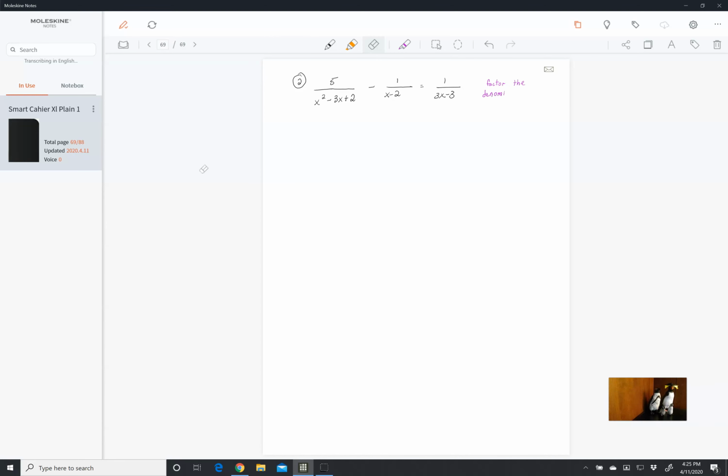So we want to factor the denominators first. And sometimes this will help us find the common denominator. If we're lucky, it'll make some of these fractions even simpler. That's not going to happen here because our numerators are just constants. So it's not going to make anything easier for us here.